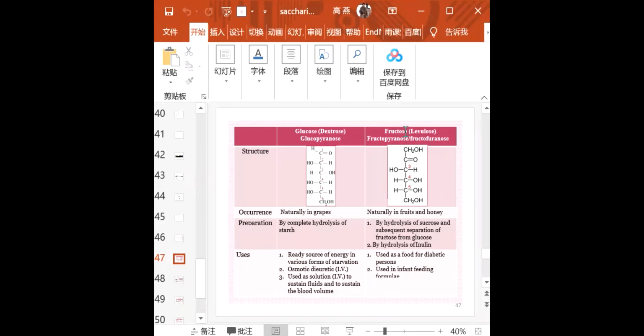And now fructose is different from glucose. It's a ketose, remember, it's a ketose. So now, does fructose react with Fehling solution or Tollens reagent?